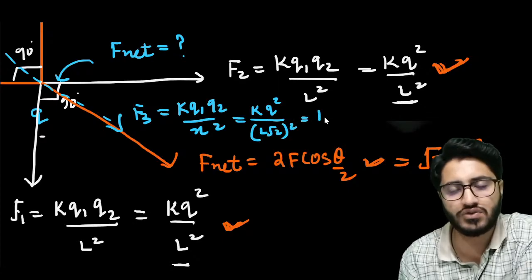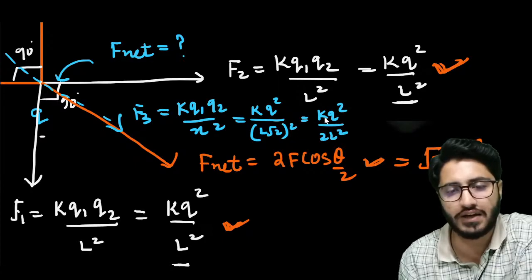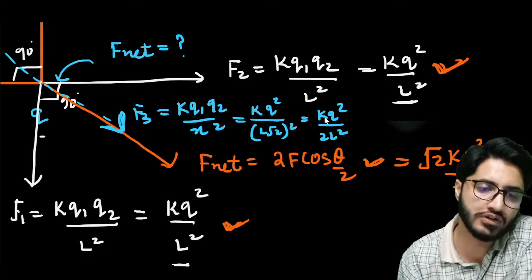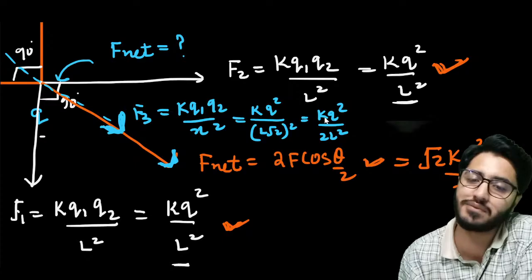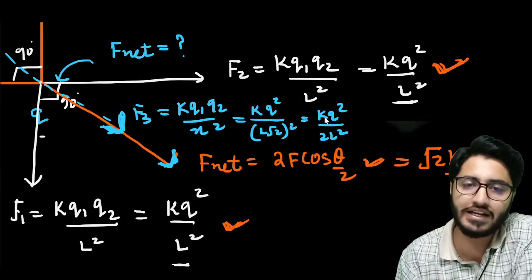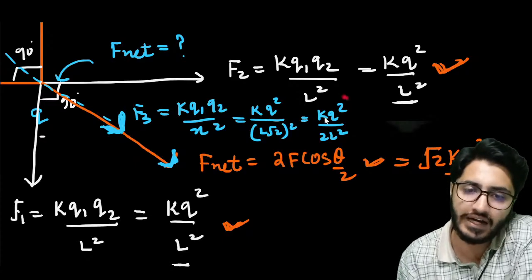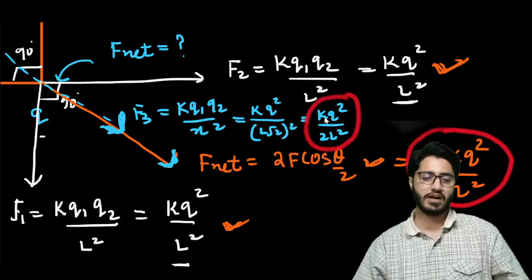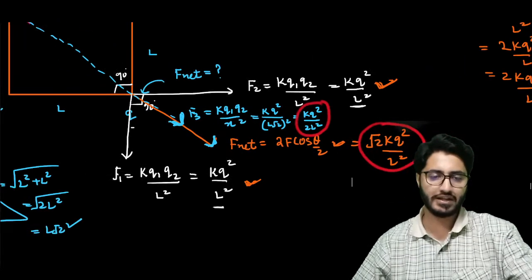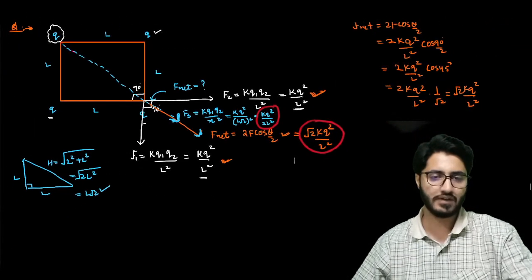So it is equal to K Q square divided by 2L square. Look, this force and the force from the earlier result are in the same direction, so we will add them. I need to add these two values to get my resultant value.